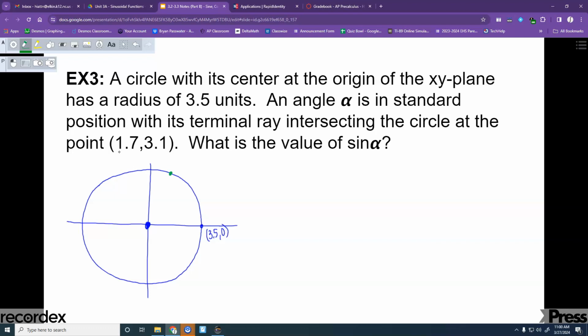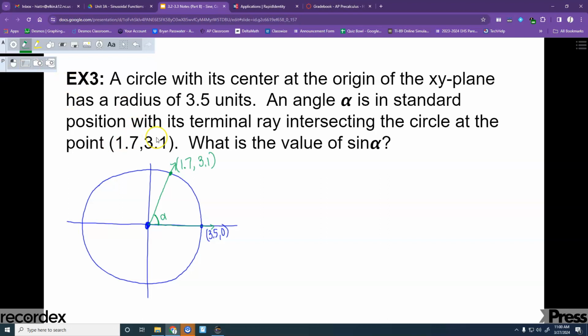Okay. All right, so this point right here is 1.7, 3.1. And the angle alpha is in standard position, so that means this angle is here, and the terminal ray intersects at that point. So this angle right here is our angle alpha. How did we figure out that this point goes there?